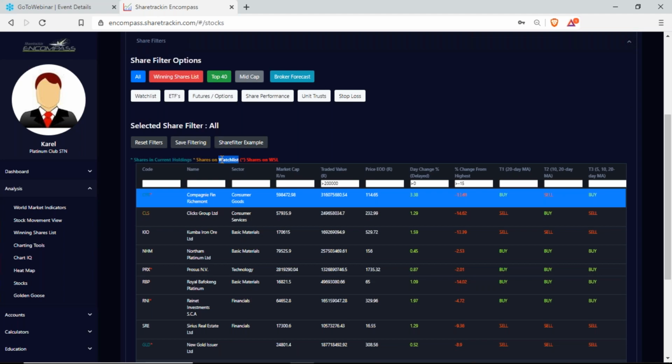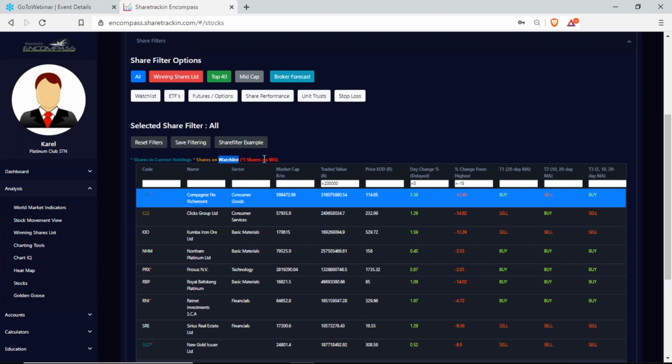If I look at the next one, shares on watch list, you will note that there is a yellowish orange color like Clicks, because Clicks is on my watch list. This is just to ensure that you don't buy a share twice without you knowing that you already bought that share, or that you don't add a share twice onto your watch list.